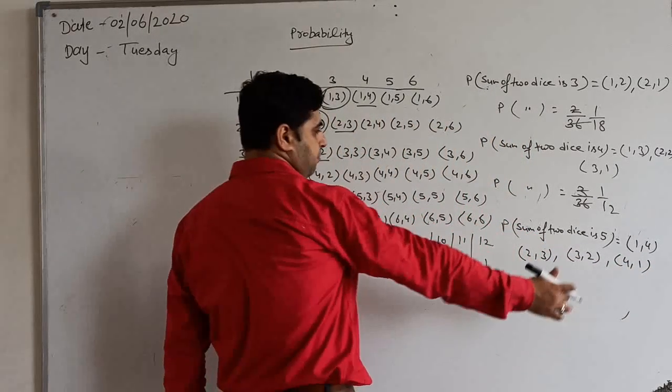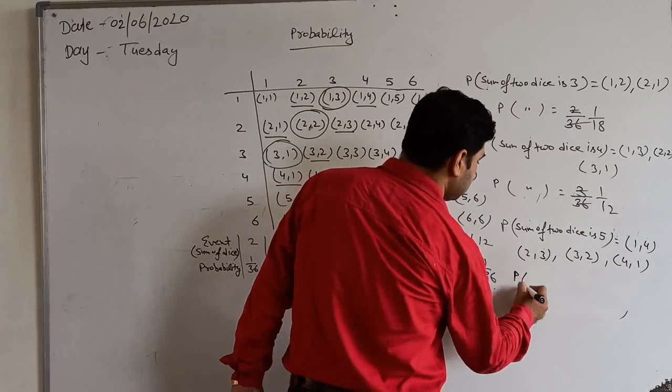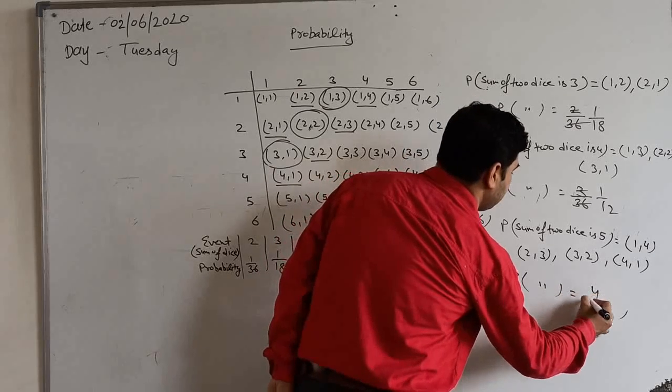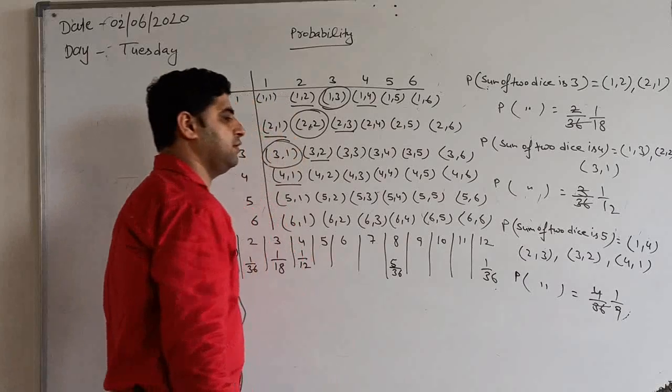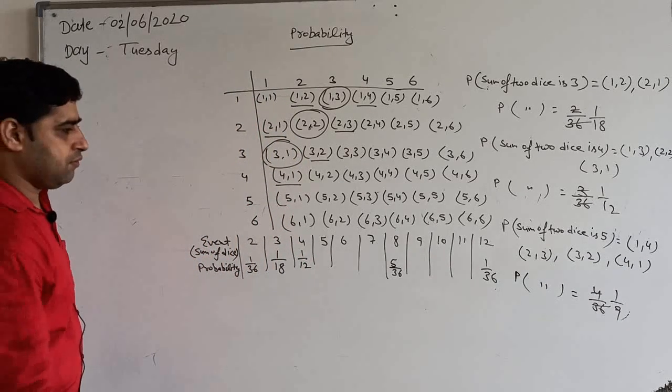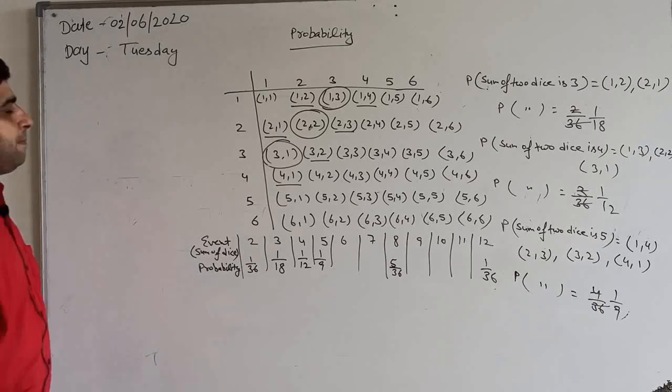So how many total favorable cases? 1, 2, 3, 4. So for sum 5, 4 by 36, which is 1 by 9.